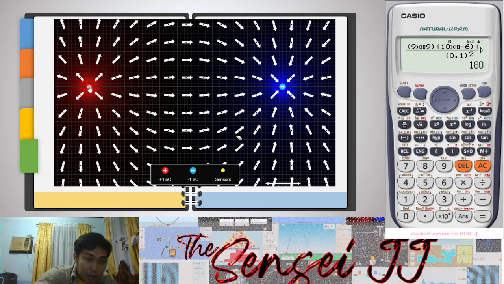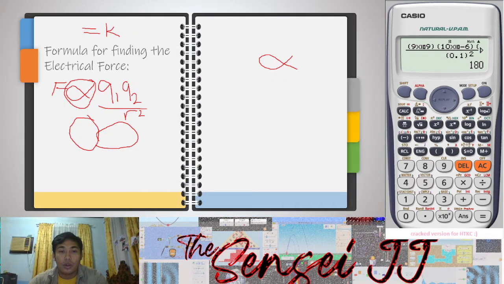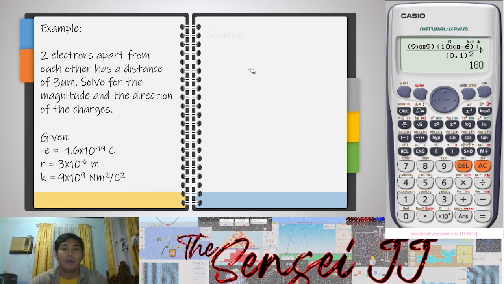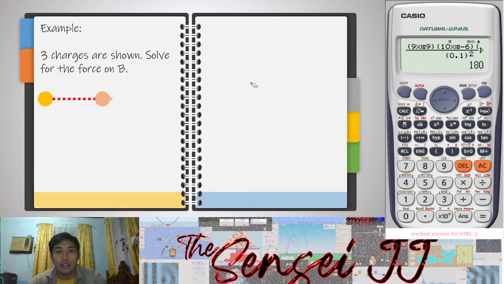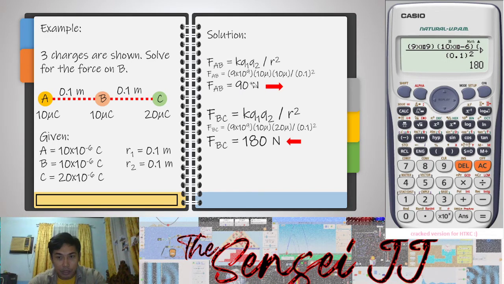So positive charges repel, the direction is away, and negative charges go toward themselves. Okay? So I hope this example was clear, guys. It is not hard to understand.